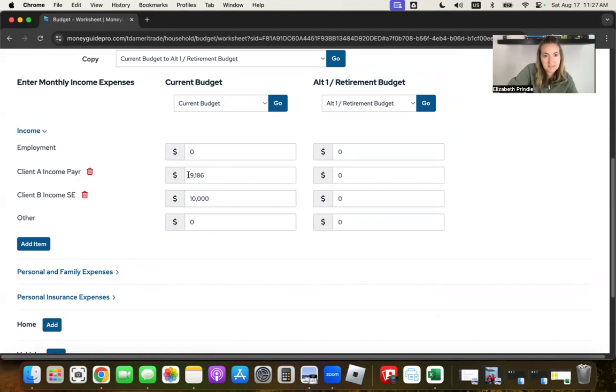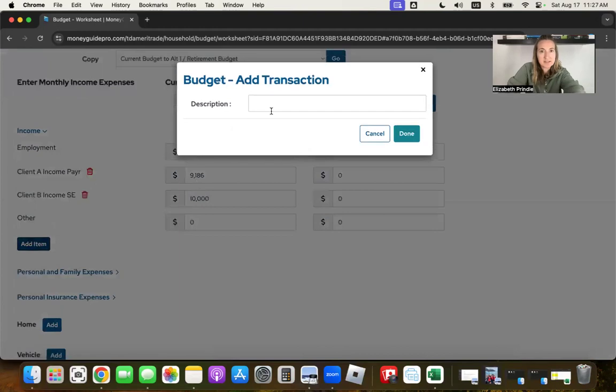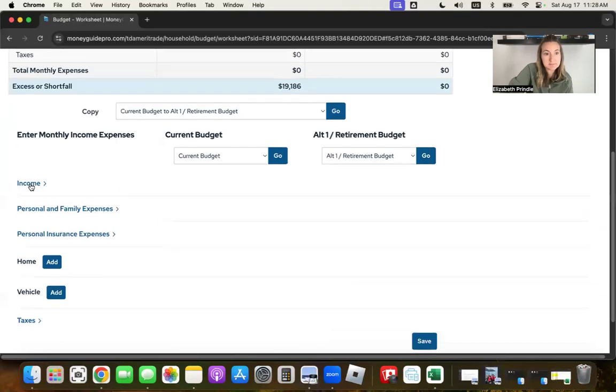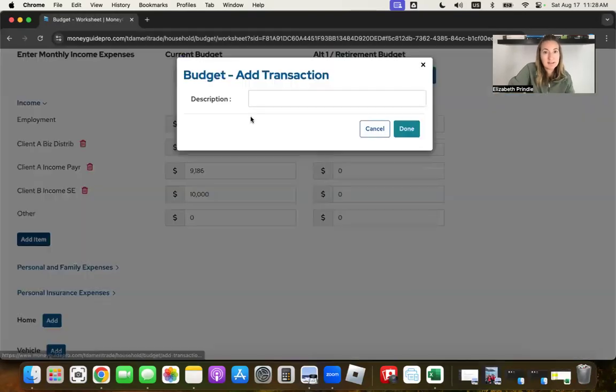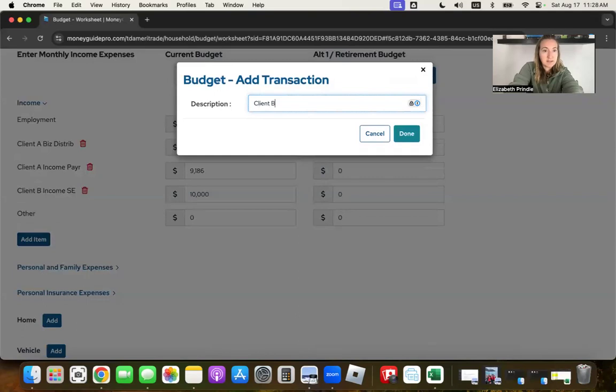Okay. So I happen to know this. There's also some other things that I know about this household. They're both self-employed. So even though client A receives a payroll check, there are also some business distributions. I also know that client B has bonuses.